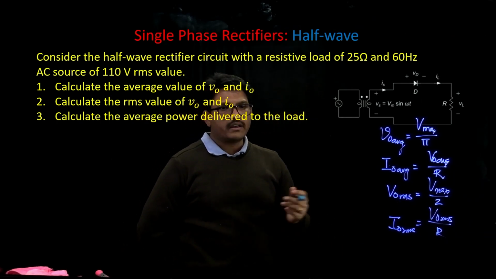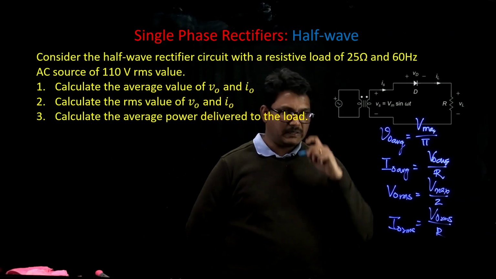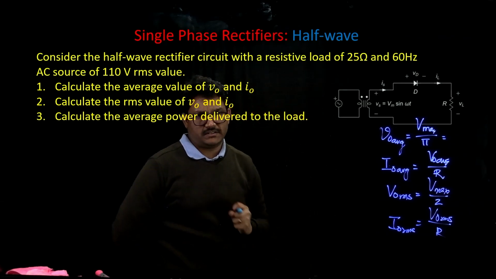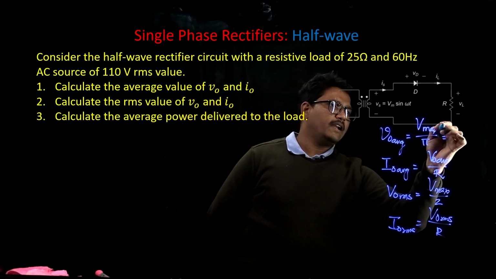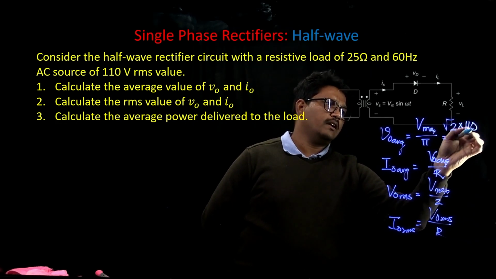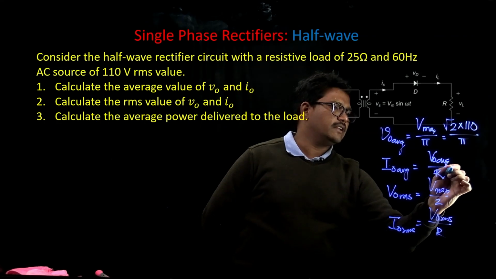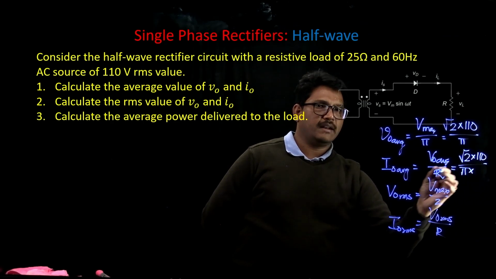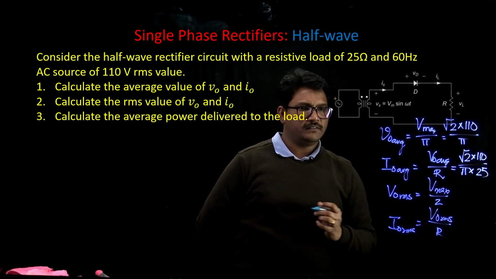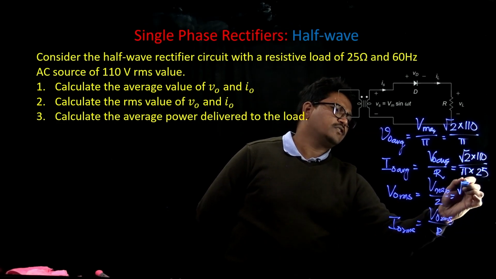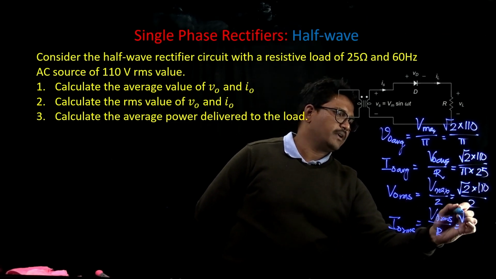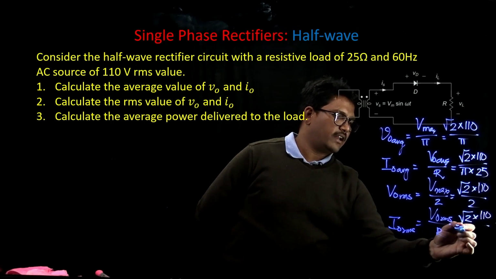Now V max is the maximum value of your source voltage. The RMS value of the source voltage is given as 110 volts, so V max is root 2 times 110. The average voltage is root 2 times 110 divided by pi, and the average current is root 2 times 110 divided by pi multiplied by the resistance value of 25. Similarly, the RMS voltage is root 2 times 110 divided by 2, and the RMS current is root 2 times 110 divided by 2 times the resistance of 25.